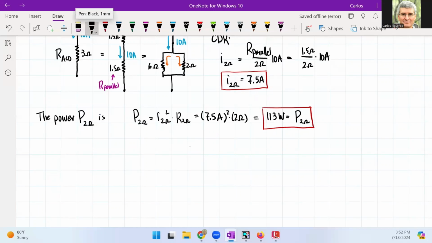So what's left here is calculating the power of the source, the supply power, which is the power of the 13 amp source.